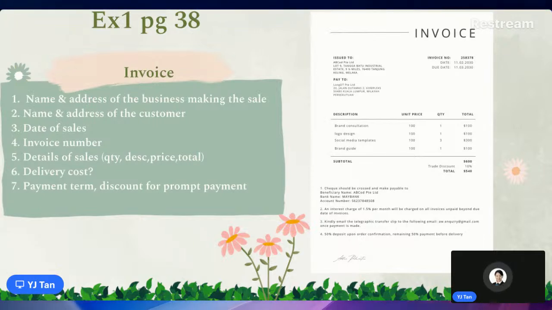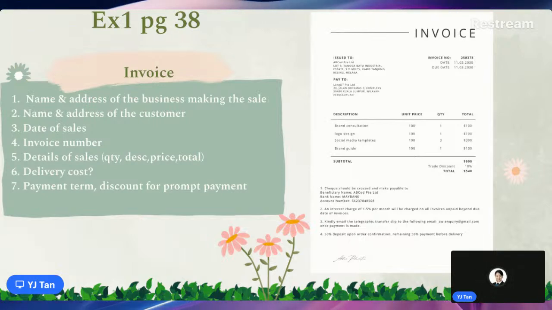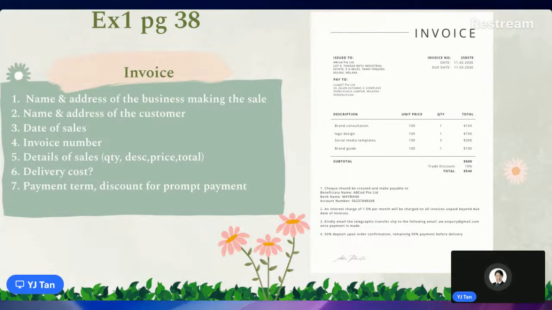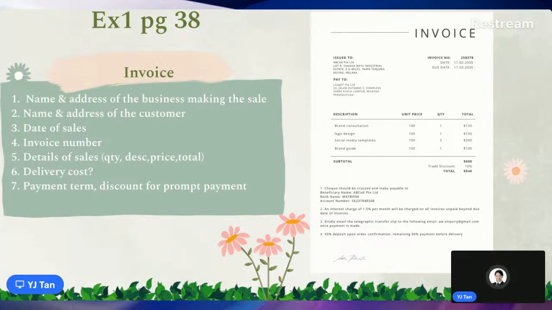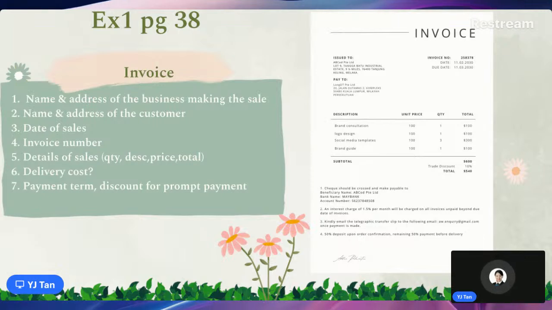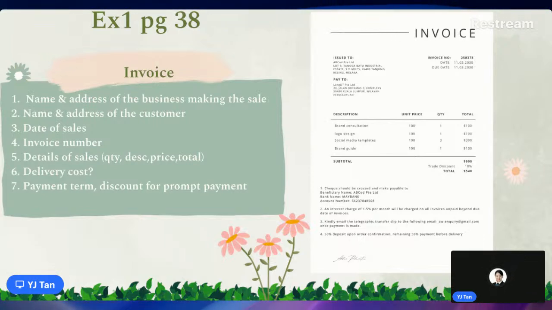In the invoice, you are also able to see all the details of the sales, for example, rent consultation, 1 unit is $100, etc. Sometimes an invoice will indicate the delivery cost, or maybe even an installation fee, which may not be directly relevant to the sales itself.